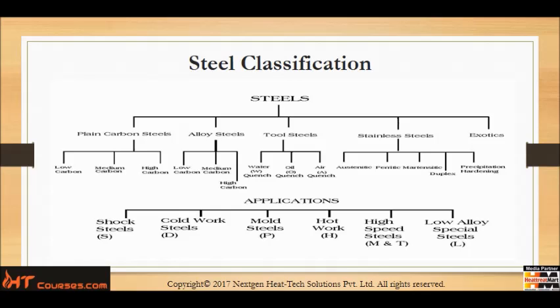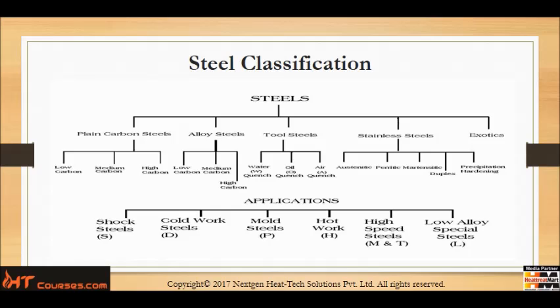Hot work are medium carbon with high alloy up to about 5% chromium, 6% chromium, etc. These are steels that can be used for forging dies, for extrusion dies, shot sleeves, anything which necessitates exposure to heat.